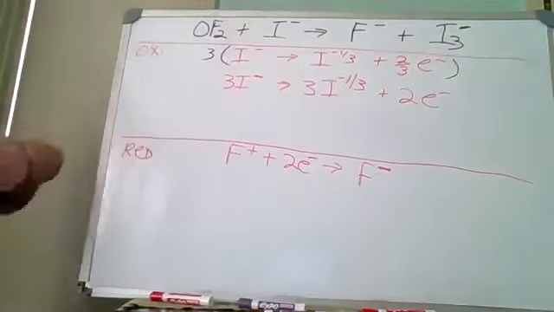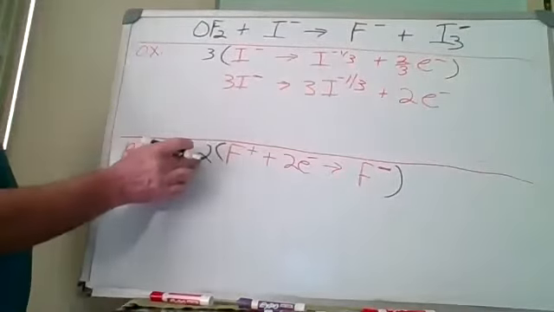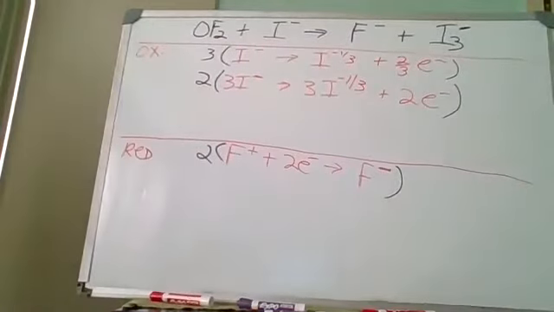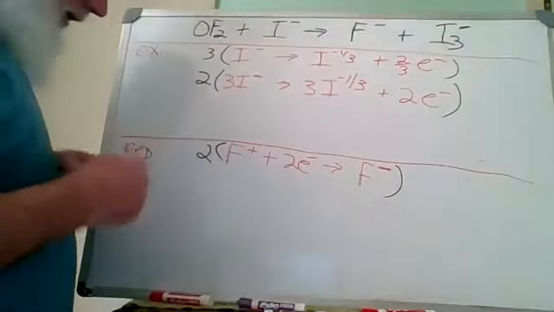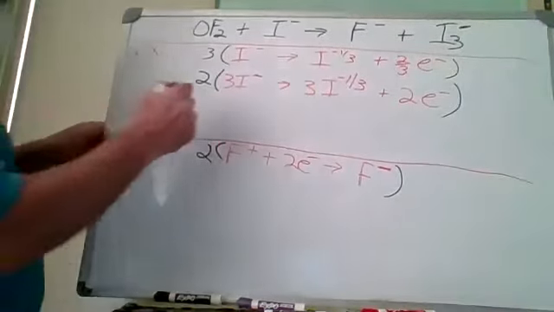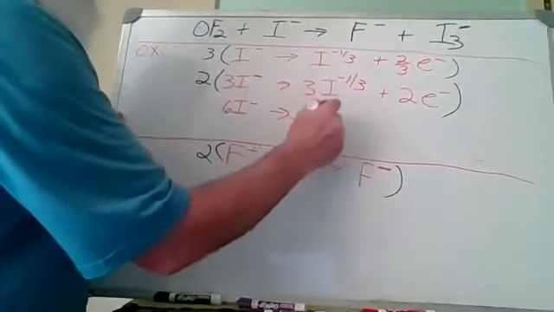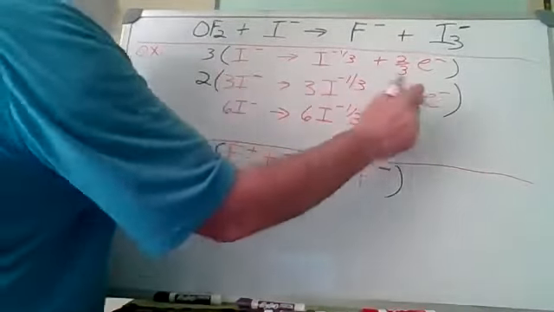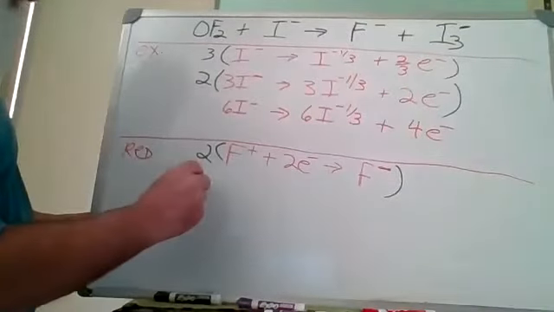So I'm going to have to multiply this reaction times 2, and if I'm multiplying that times 2, I've got to multiply this times 2. Now, let's write out what's hopefully going to be our final form, because I don't have any more room. Two times 2 is 4 electrons. And then we'll distribute the 2 down here.